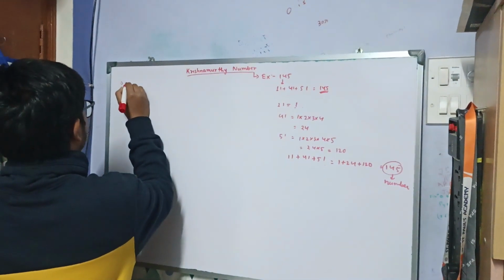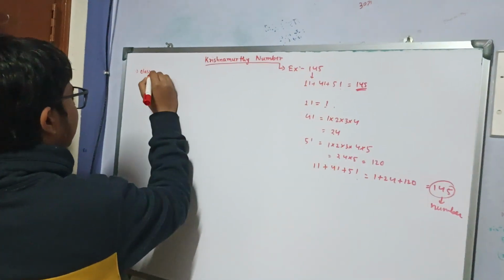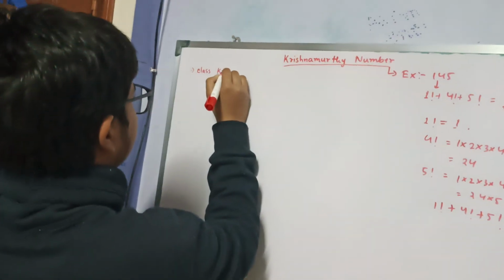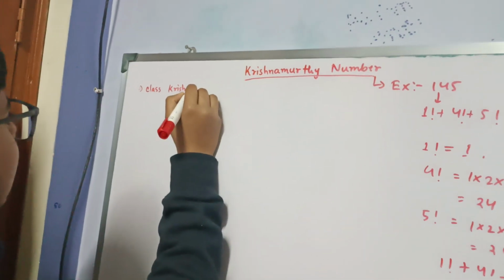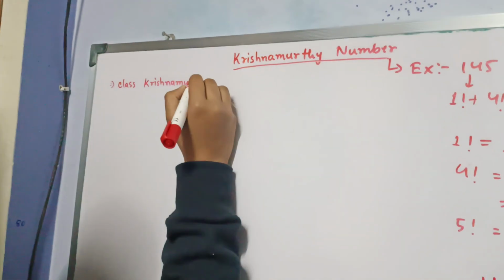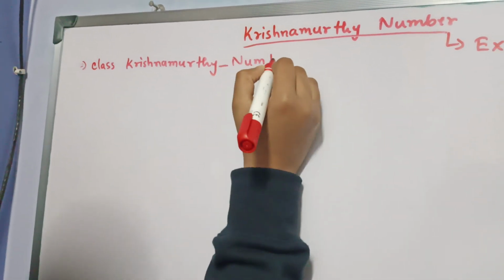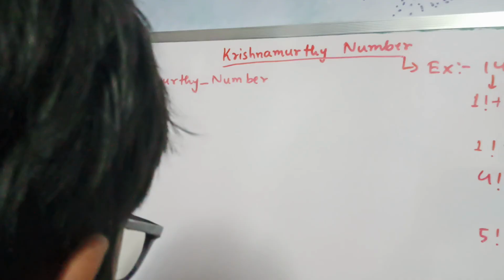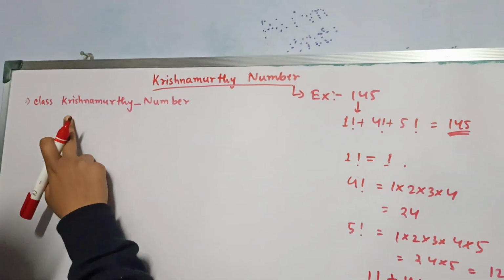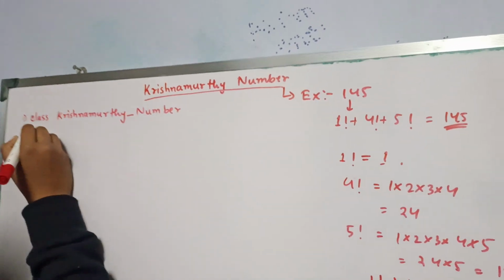Let's initialize and declare the class first with its name Krishnamurthy number. So at the beginning we initialize the class whose name is Krishnamurthy number.